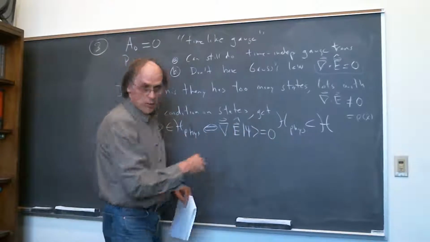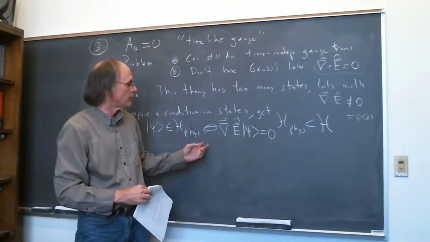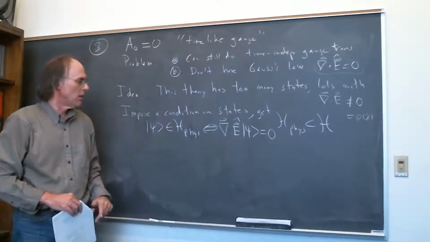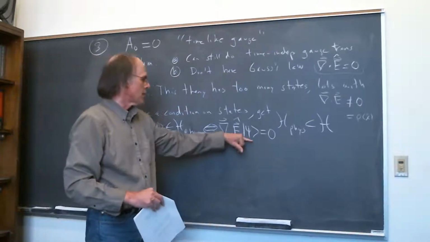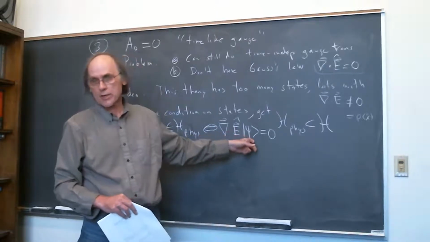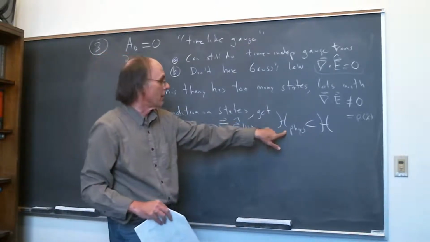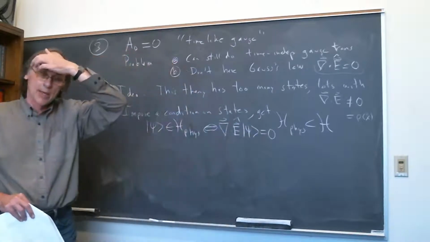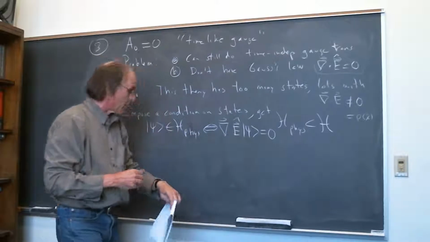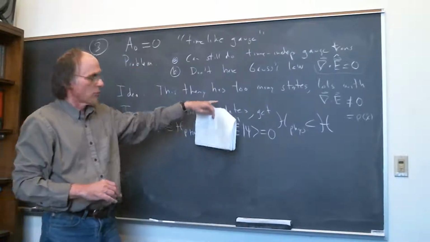So what we're going to do is impose this as a condition on here, and then just look at states in here. Look at states that satisfy this condition, and that's going to be your physical states subspace. There's a nice story about trying to do that, which I won't go through the details of.